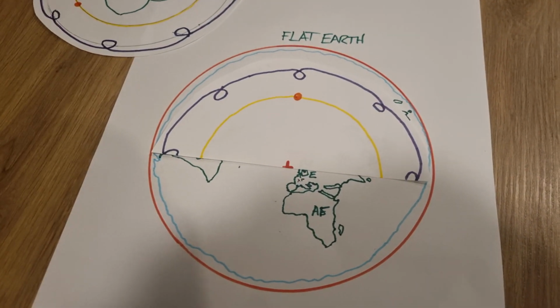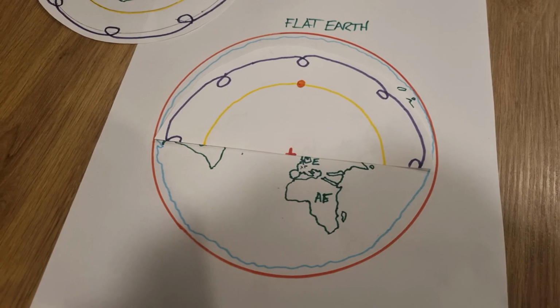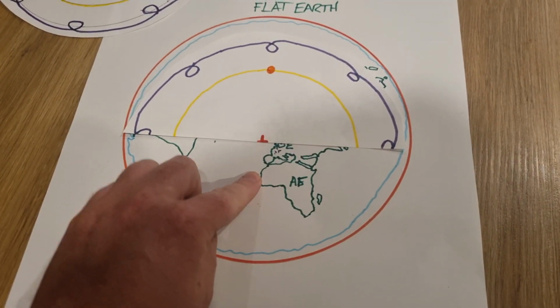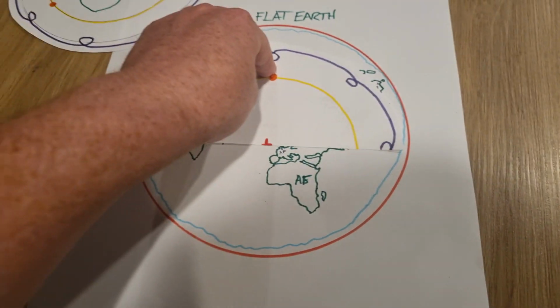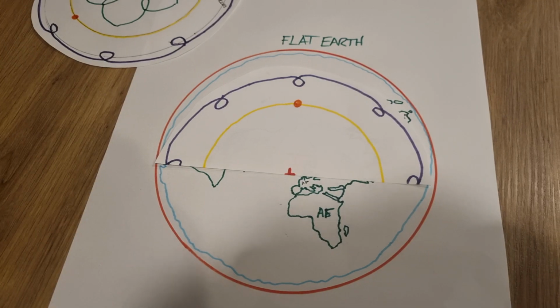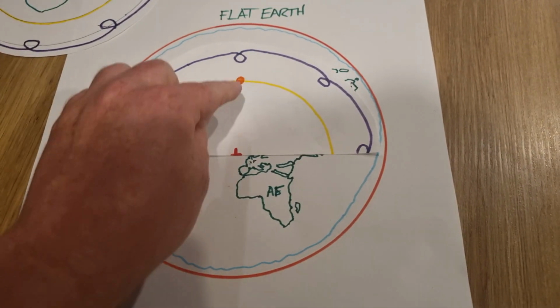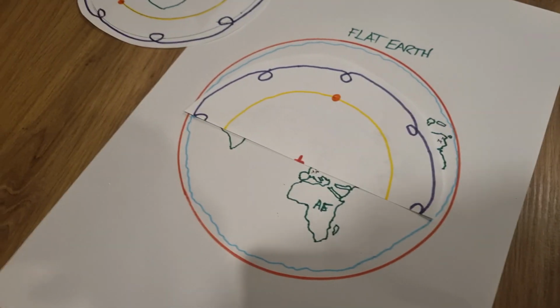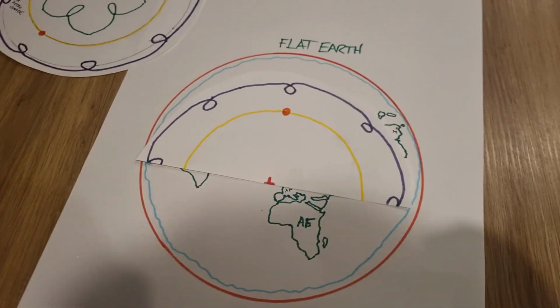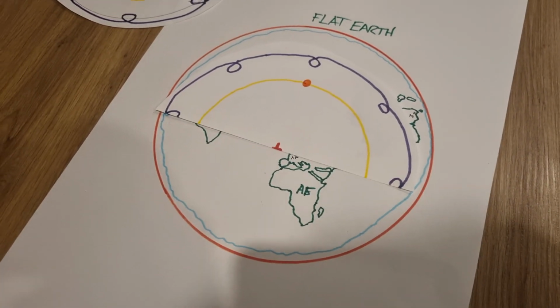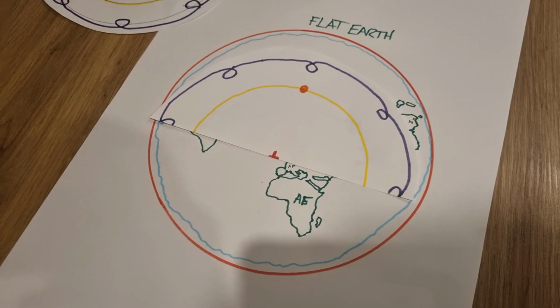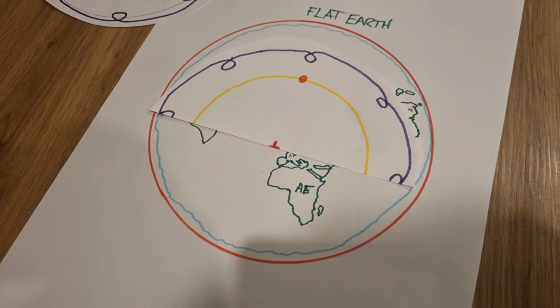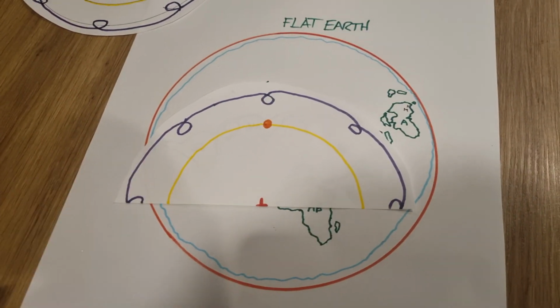You've got to wonder about that. It's rather convenient, isn't it, that the sun is on the opposite side of the planet to when the epicycle is its closest. And I'm sure the sun will be further on this side when it's at one of these flat spots out the back. Do you guys ever think about that? I'll have to draw that one up again and maybe explain that another time.